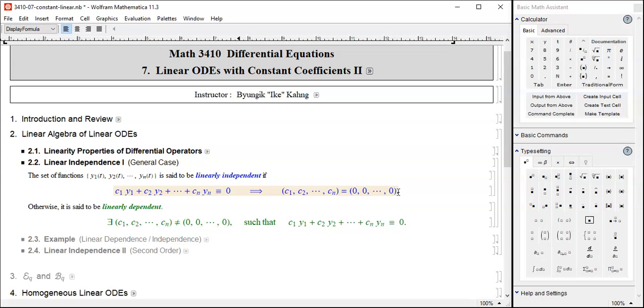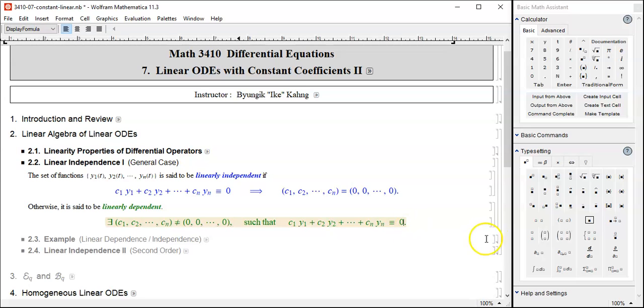Linearly dependent means the other way around. Not all of them 0, there may be some non-zero, maybe 1, maybe 2, maybe all of them. It doesn't matter, at least one non-zero. Then, still, the linear combination is identically 0. In that case, we call it linearly dependent.